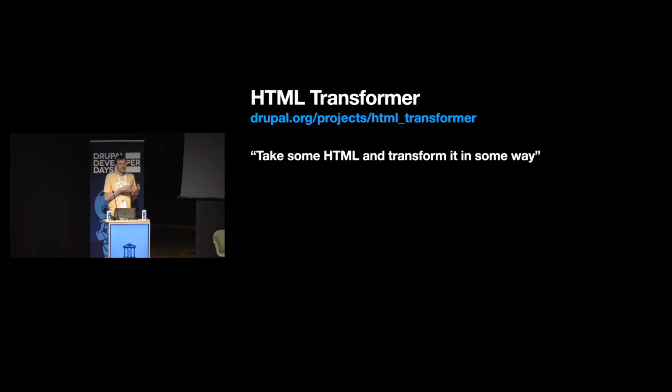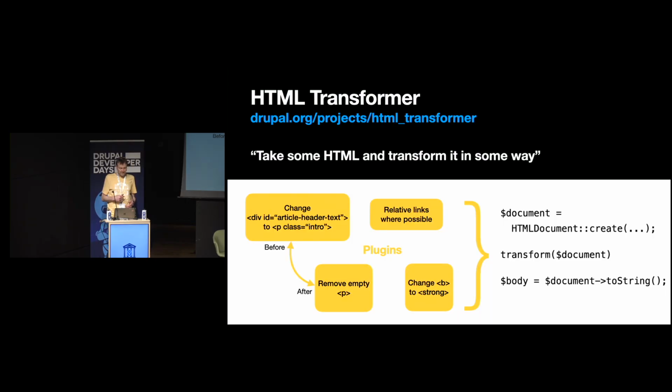There'd be a regex for looking for images with a local URL and turning it into a relative URL, absolute URL into a relative URL, that kind of thing. And there was no real consistency in what was happening. So this is just a more formal way of doing all that stuff.